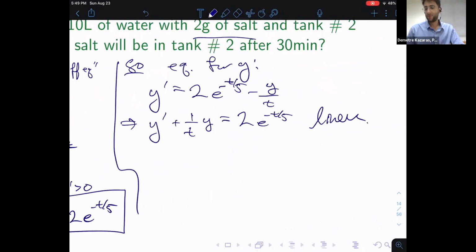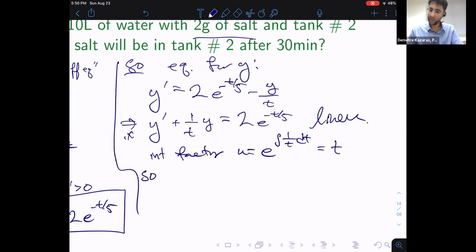All right, so the integrating factor, let's call it u, is e to the antiderivative of 1 over t dt. So this will just be t.